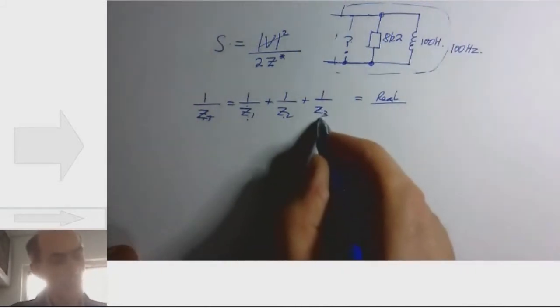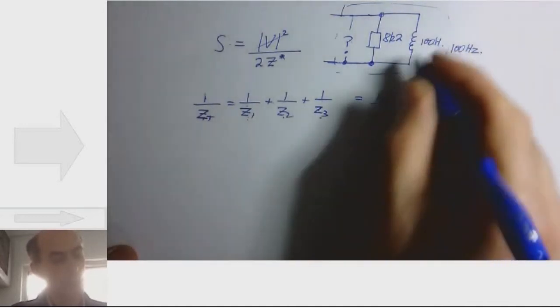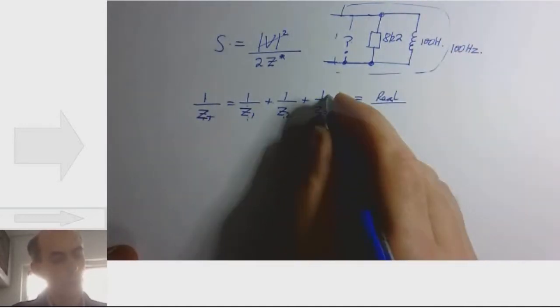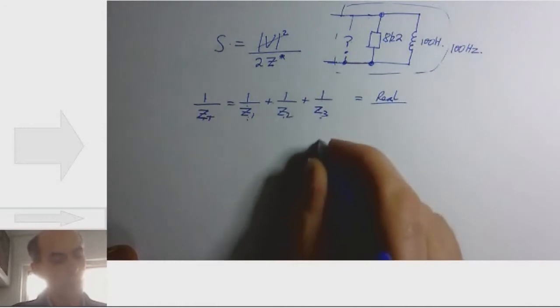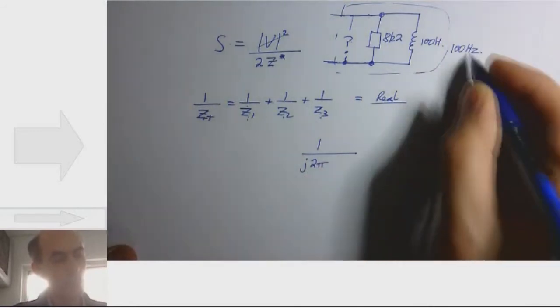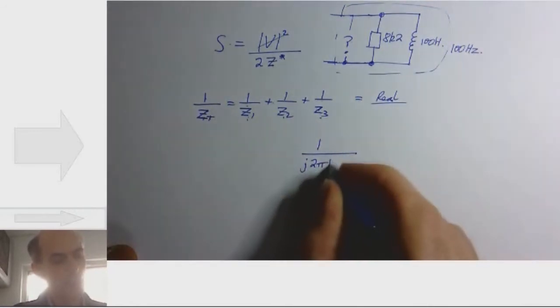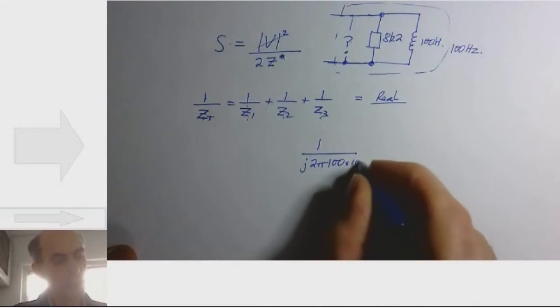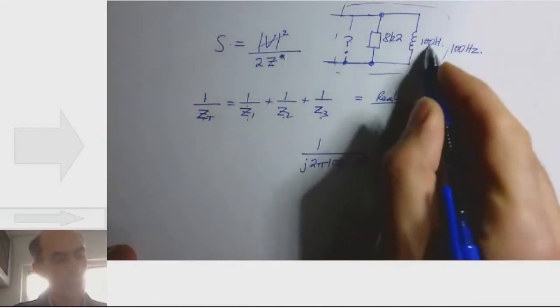The impedance of an inductor is j omega L, so 1 over Z3 is going to be 1 over j times 2 pi F times L, the 100 here.